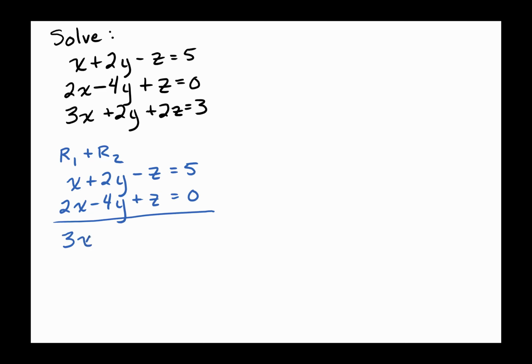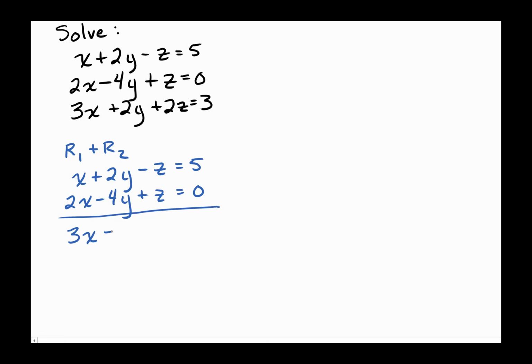We get a 3x, we get a negative 2y, and then of course we get a 0z. So let's just put that in here, plus 0z equals 5, and of course that's not going to follow us through. But that equation right there is a two variable equation in x and y. So that elimination is done.